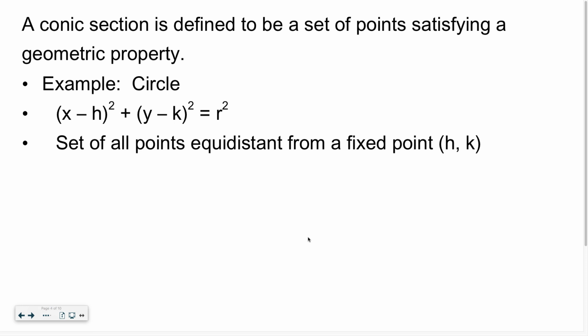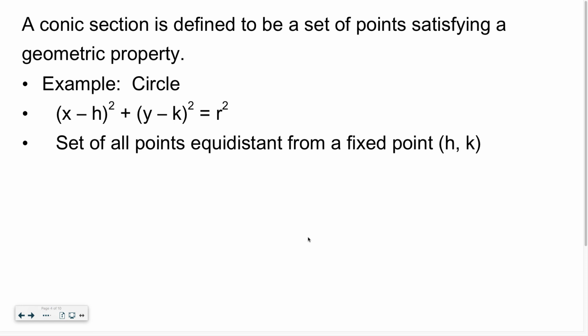There is some geometric property about all of the points on our graph that is special, and we're going to talk about that for each one of them. For a circle, all of the points on a circle are equidistant from a fixed point. So they're all 1 radius away from the center is what that's saying.